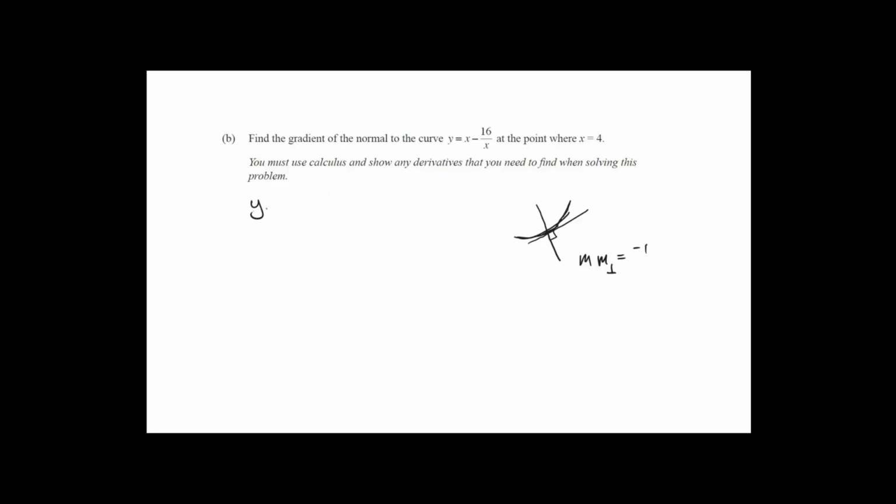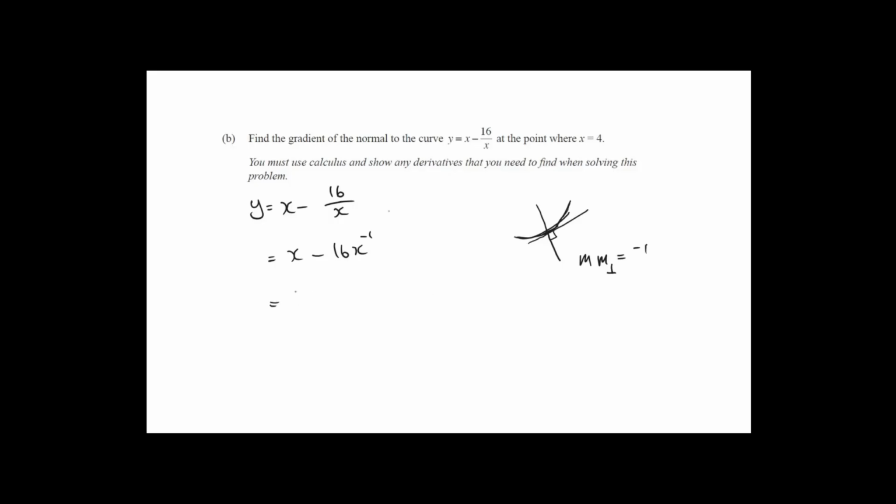Okay, so if y equals x minus 16 over x, we need to either use the quotient rule, which seems a bit of overkill for this, or we can rewrite it as x minus 16x to the -1. And now we can use the polynomial rule.